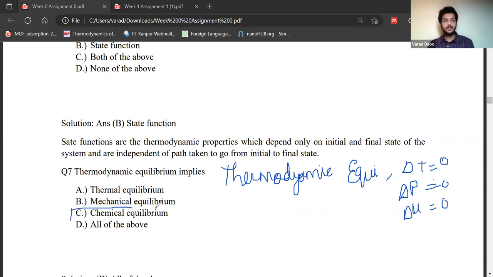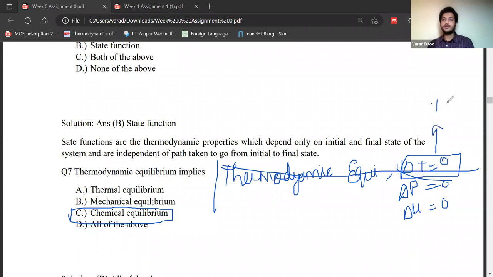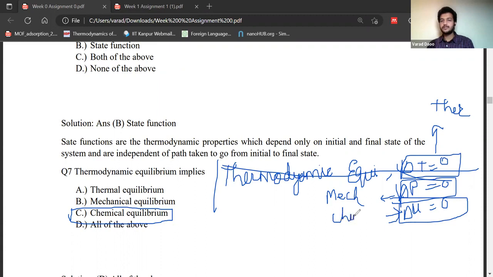Chemical potential is something we will talk about in detail in a subsequent lecture, right? So thermodynamic equilibrium implies delta T is equal to 0, delta P is equal to 0, and delta mu is equal to 0, right? Delta T equal to 0 means thermal equilibrium. Delta P equal to 0 means mechanical equilibrium. And delta mu equal to 0 means chemical equilibrium.